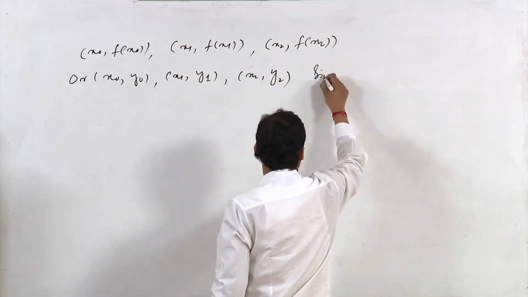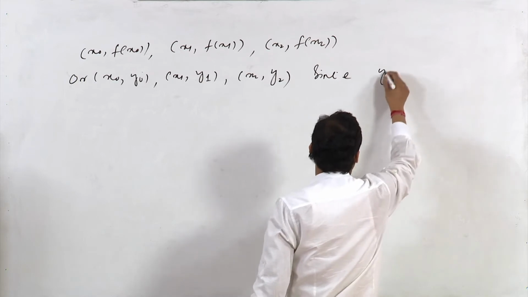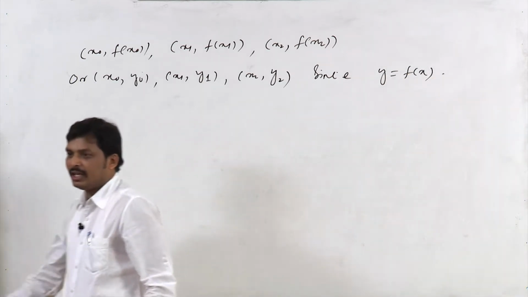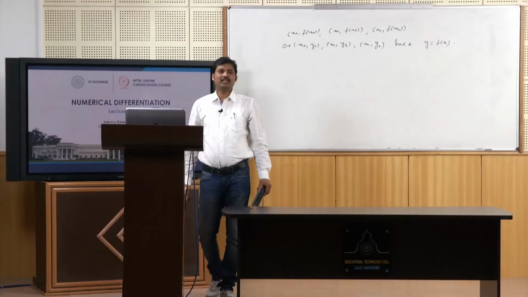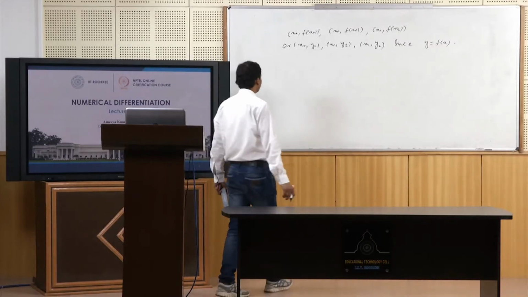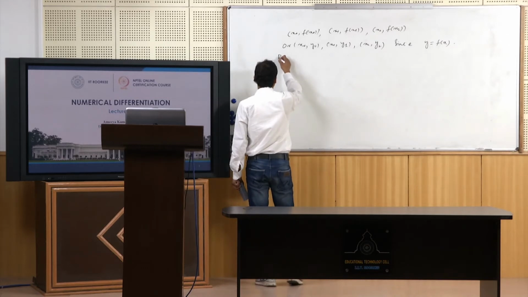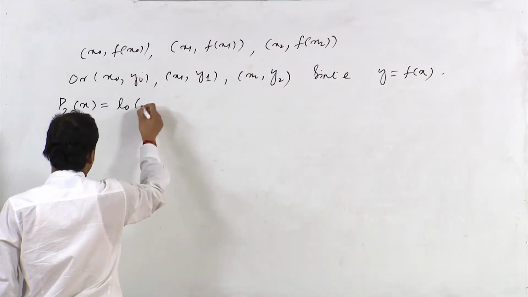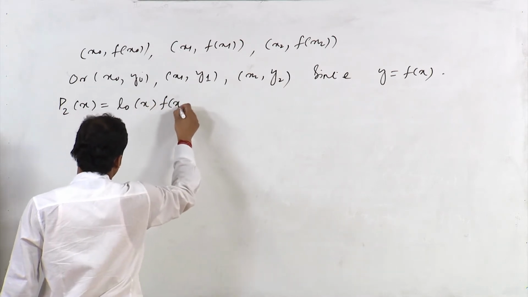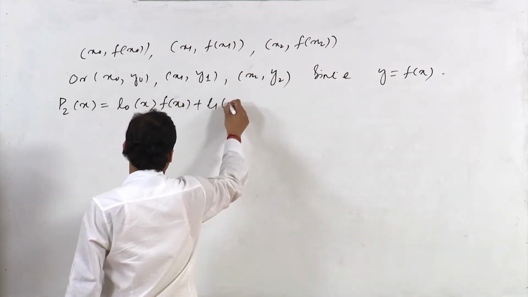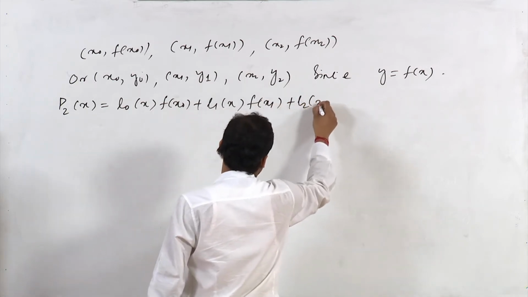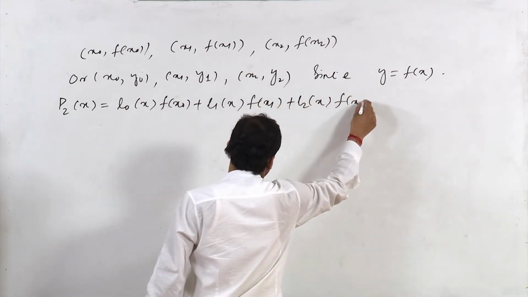Since we are just expressing here y equals f of x, and if we consider this polynomial here, this can generate a polynomial of degree 2, in the form of P2(x), which can be written in the form of L0(x) f(x0) plus L1(x) f(x1) plus L2(x) f(x2).